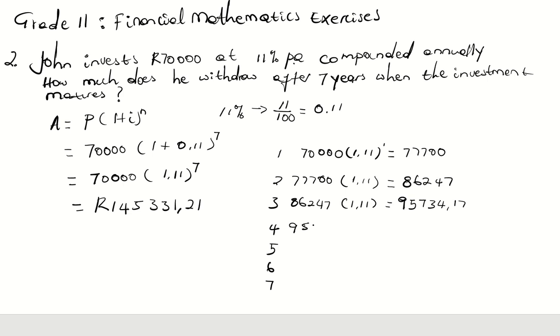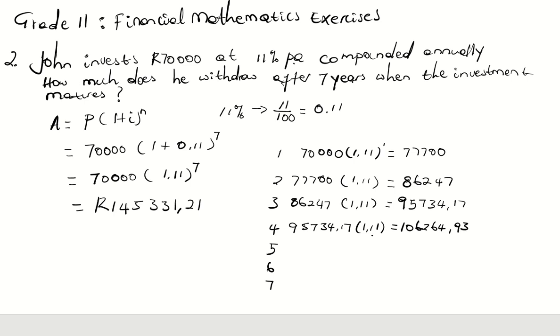Okay. Starting the fourth year, John has got 95,734.17, and he gains the same interest on it, and we get a total amount of 106,264.93.